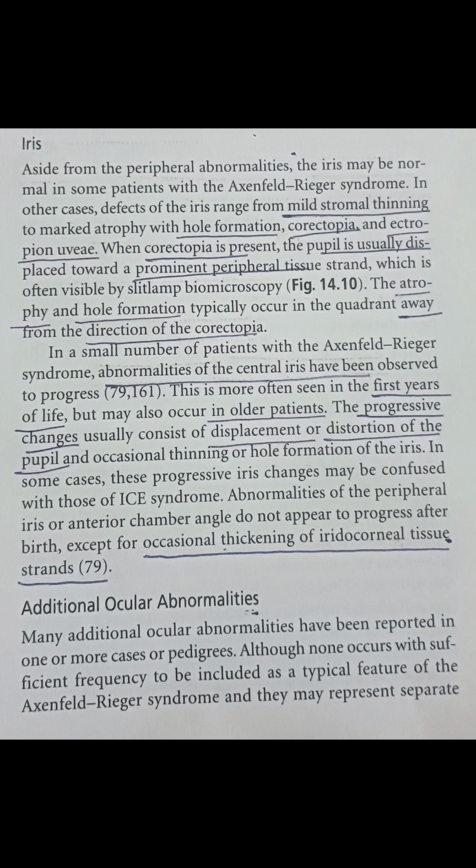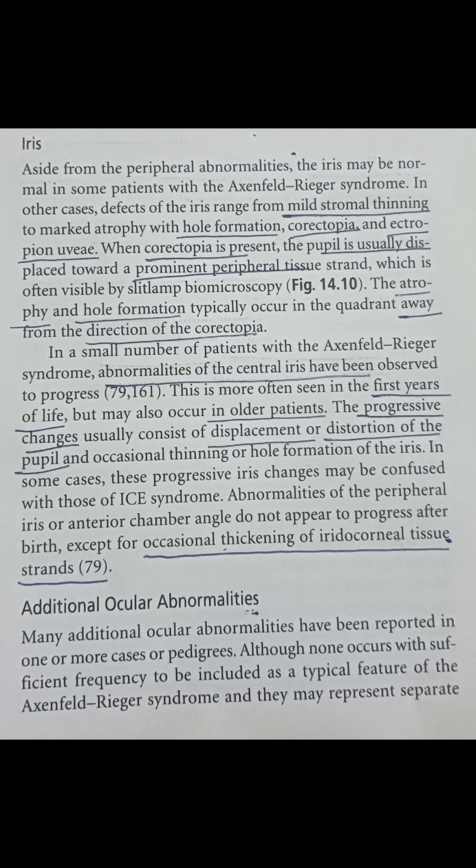In a small number of patients with Axenfeld-Rieger syndrome, abnormalities of the central iris have been observed to progress. This is more often seen in the first years of life, but may also occur in older patients. The progressive changes usually consist of displacement or distortion of the pupil and occasional thinning or hole formation of the iris.